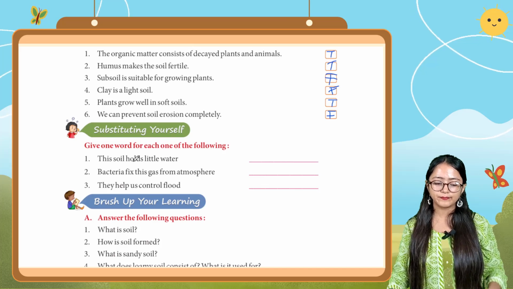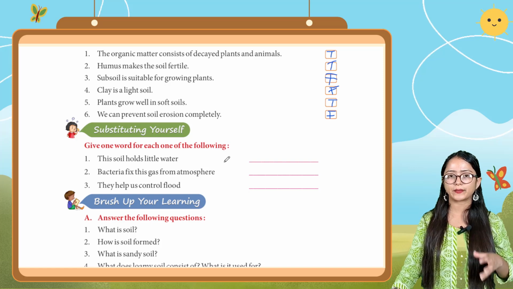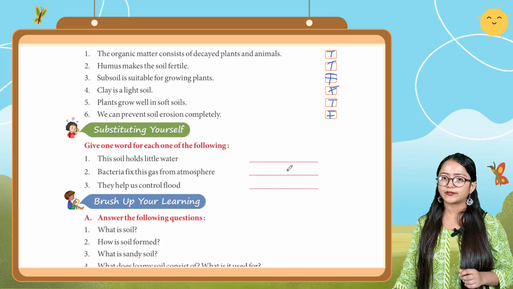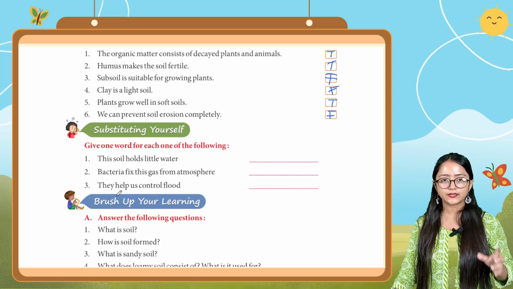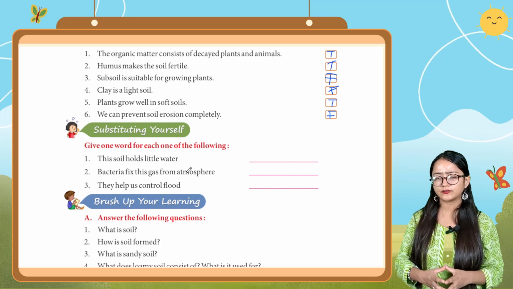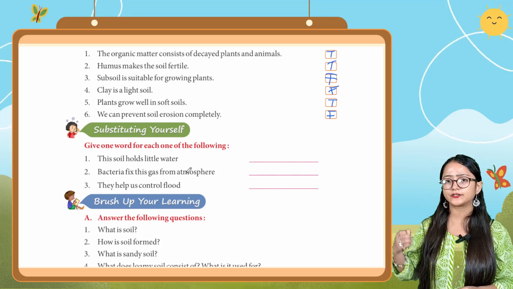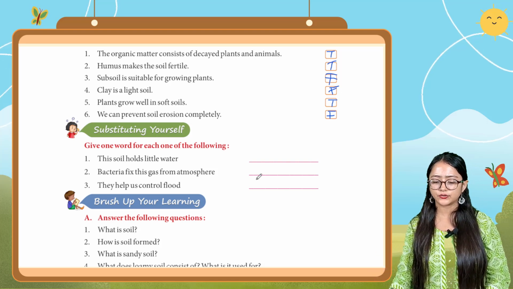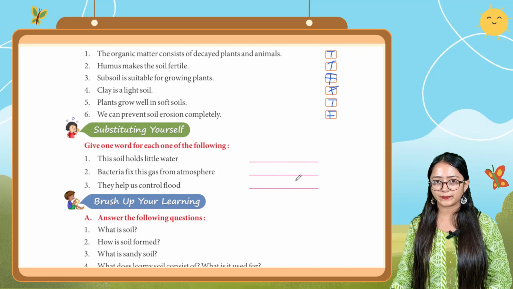And the second one, bacteria fix this gas from atmosphere. You have to name that gas, that is nitrogen. Okay, so write nitrogen in this blank. Then third one, they help us control flood. So what is the thing that help us control flood? Okay, that is dam or embankment. So you can write dam here, or embankment you can write.